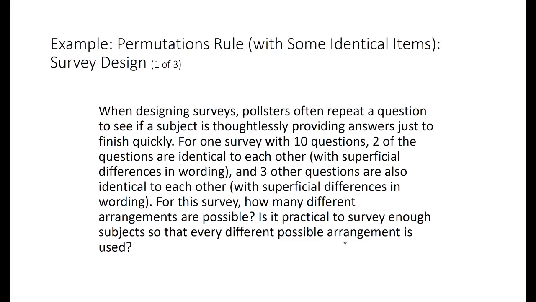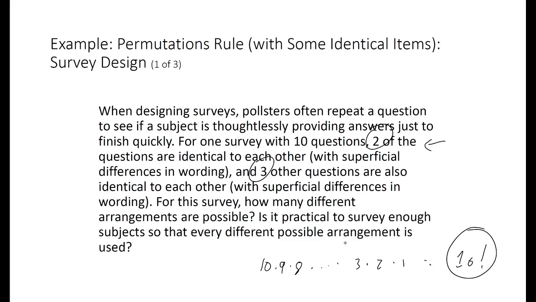If you don't have the identical restriction, then how many different ways can we create 10 questions? In 10 factorial ways we can create 10 questions, right? Because the first question can be chosen in 10 different ways, the next question in 9 different ways, and 8 different ways, keep going. That will give you 10 factorial ways to create 10 questions without the identical restrictions.